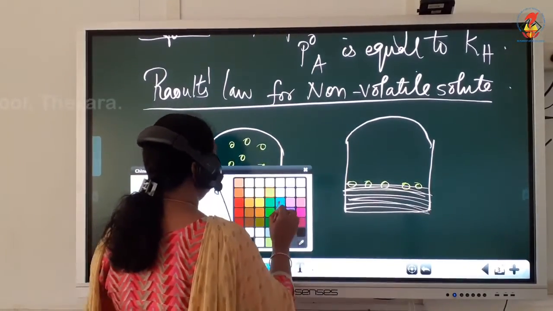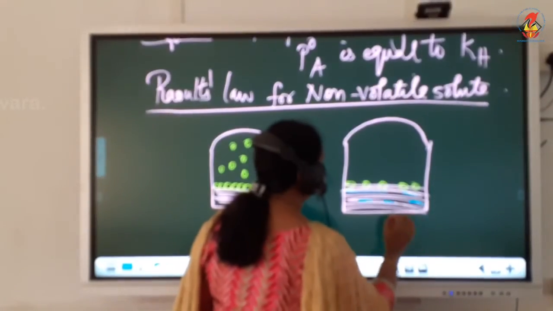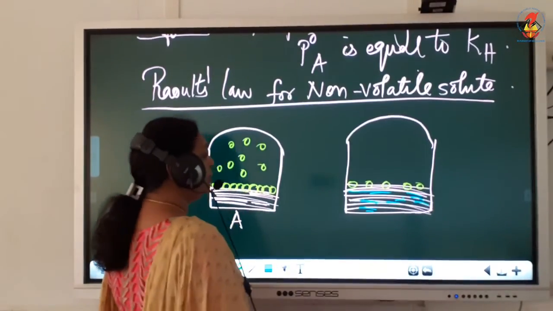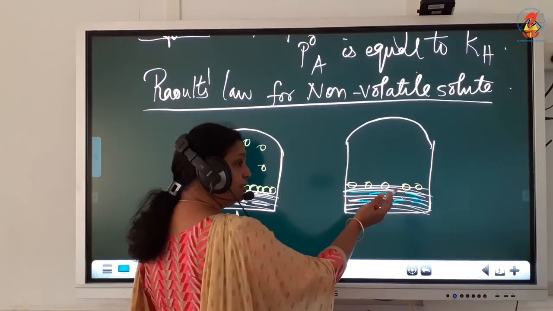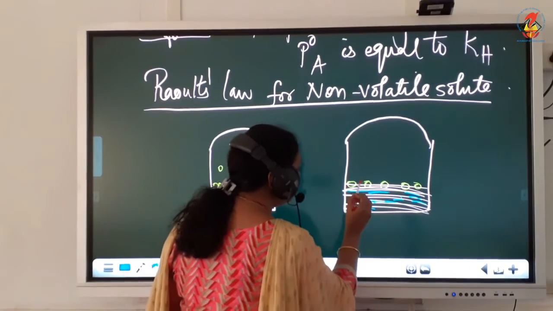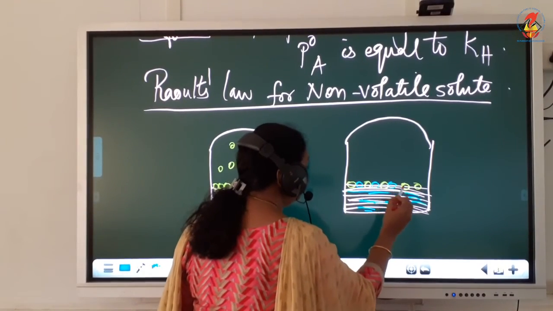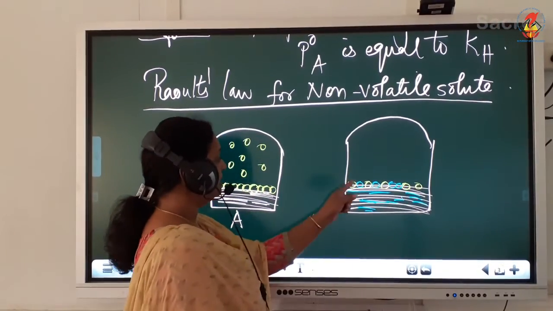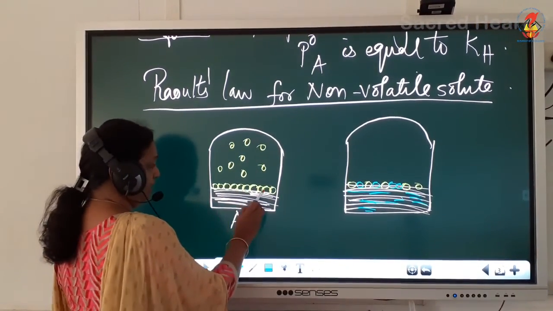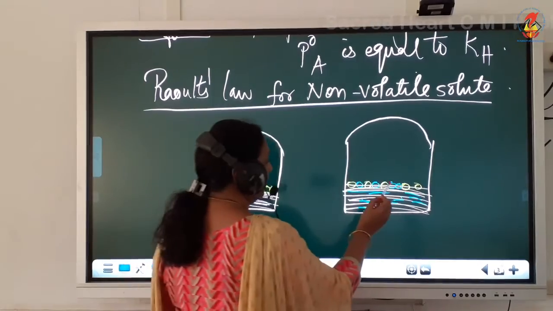The solute is denoted by blue color. Now, the solute will also occupy some of the surface, which means some places that were occupied by the solvent are taken up by solute.